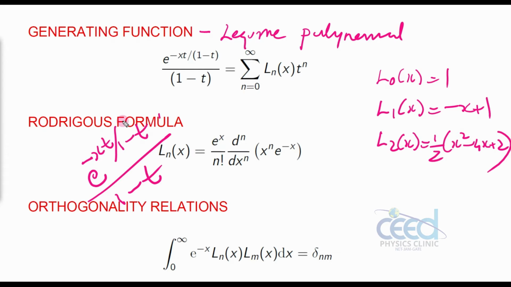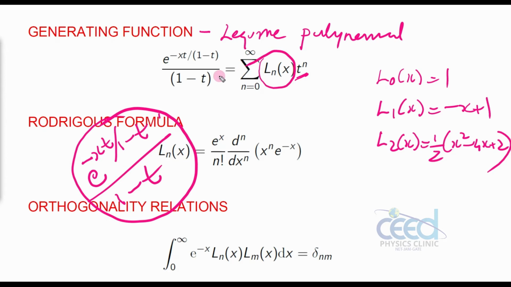Okay, I can expand this using Taylor series. Any exponential function I can expand as a power series. Now if you expand this, then the coefficient of t raised to n will come as this Laguerre polynomial. Okay, that is what we are going to discuss here.